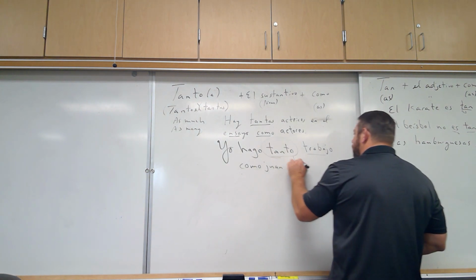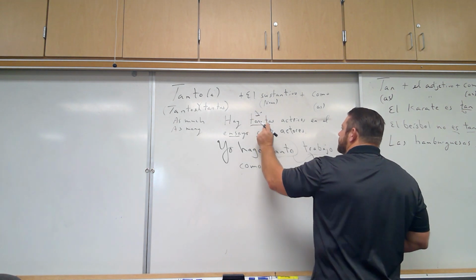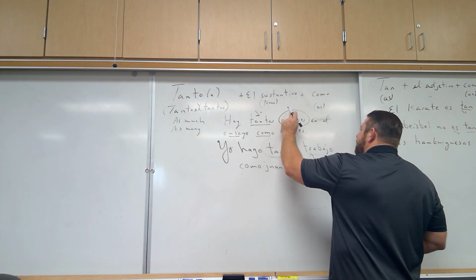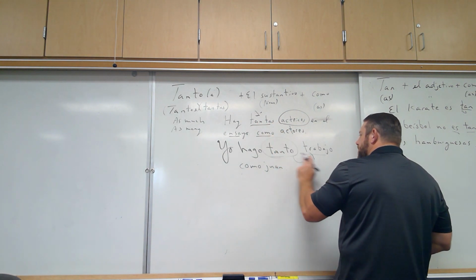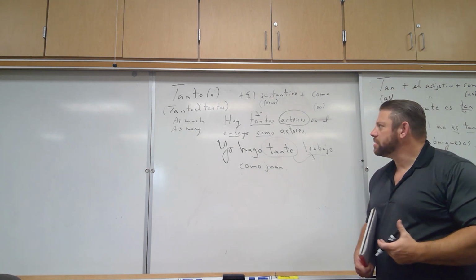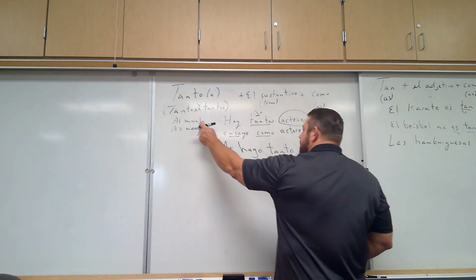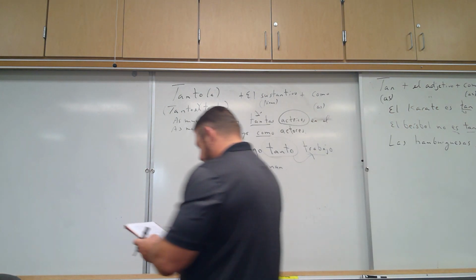This word here is in agreement with the noun. Just like this word here, tantas, is in agreement with this noun because this is plural and feminine. Singular masculine, singular masculine. Yo hago tanto trabajo como Juan. I do as much work as Juan. So it's a comparative statement.